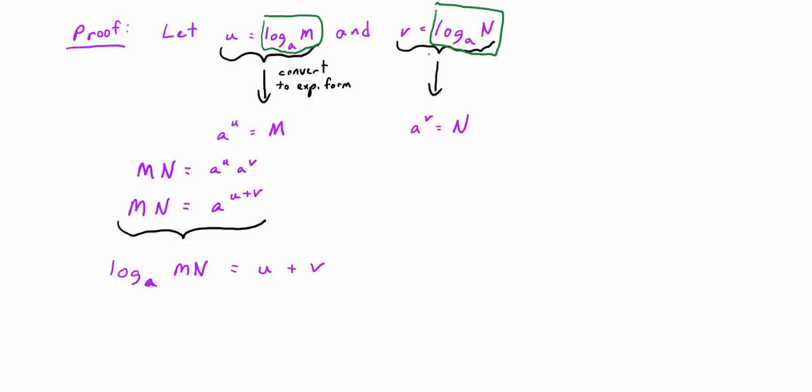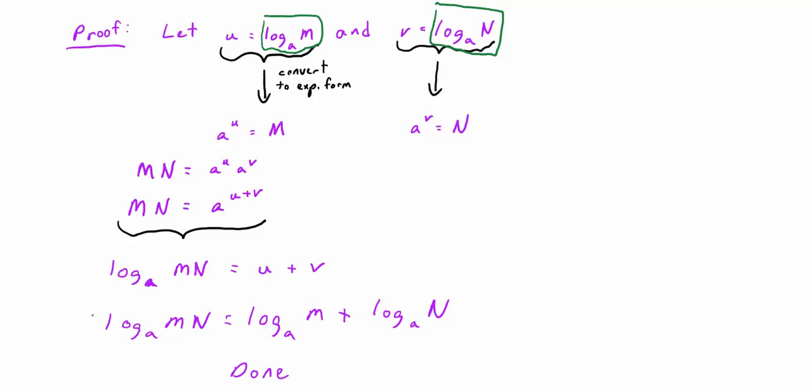Can you guys see that? I kind of zoomed out a little bit. So I've got it, right? That's my proof. Log base a of m times n is equal to log base a of m, that's u, plus v, which is log base a of n, and this proof is over.